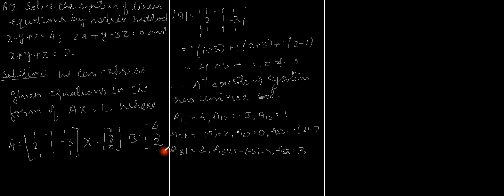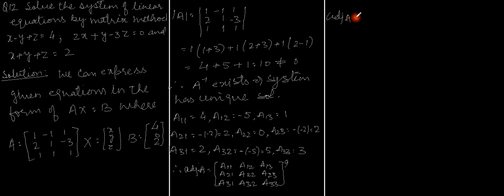So therefore, adjoint A is, how do we write the adjoint A? We take all the cofactors A11, A12, A13, A21, A22, A23, A31, A32 and A33 and take its transpose. This is very important, transpose. So adjoint A is the transpose of the cofactor matrix.